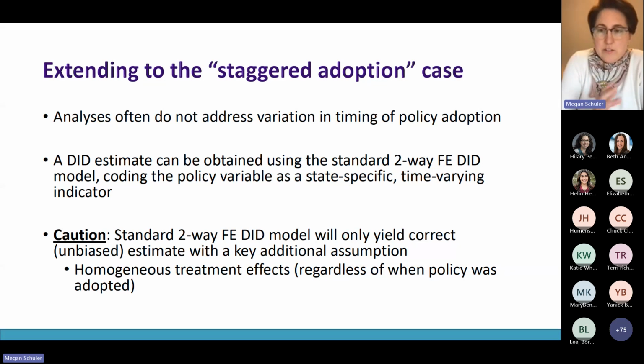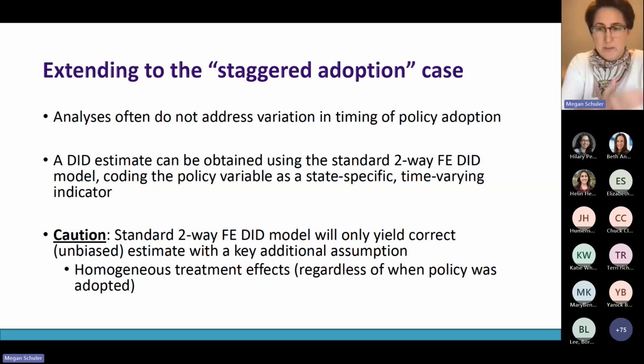And so again, there are two common violations of fully homogeneous treatment effects. Again, you may have treatment effects that are dynamic across time. So maybe the policy effect grows in strength in years after implementation, or conversely, it may wane.